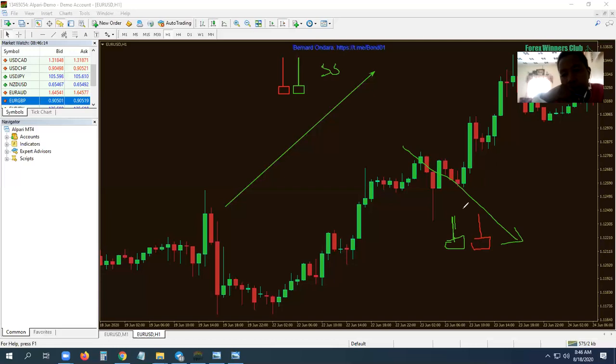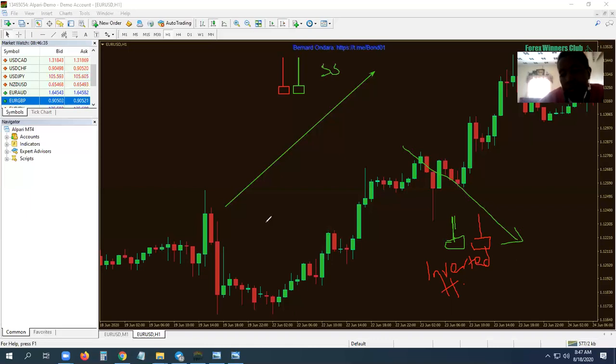But now remember, the market's going in a downtrend. So if these are called shooting stars, in a downtrend, these ones are called inverted hammers. If you find them in a downtrend, when the market was moving down, they become inverted hammer.